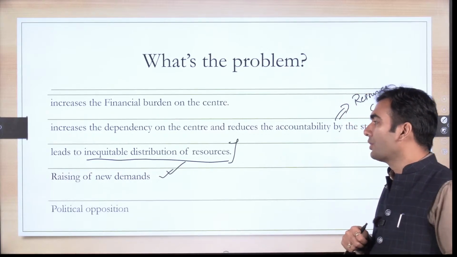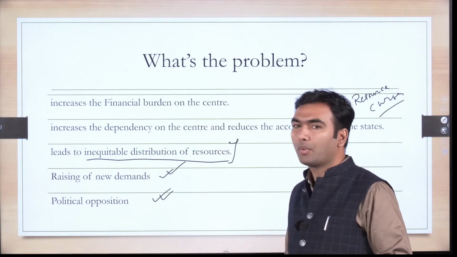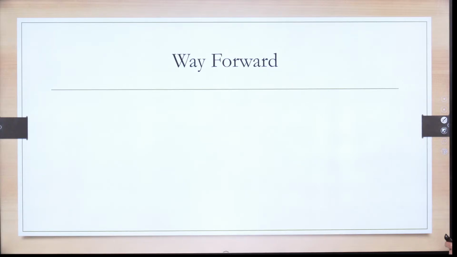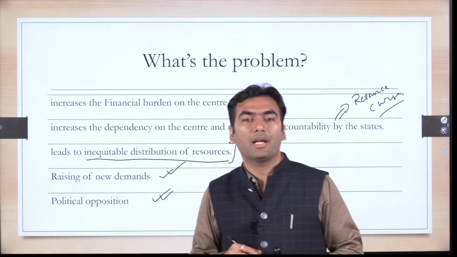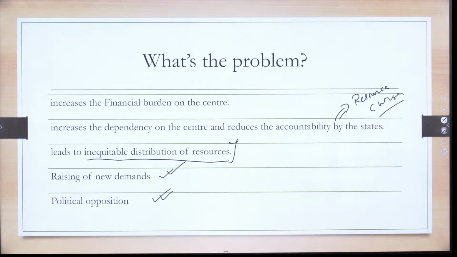Okay, and then politically also it is an unviable thing. Political opposition shall always be there. So because of these reasons, you can say that these are the problems because of which the central government has not accepted their demand for special category status.